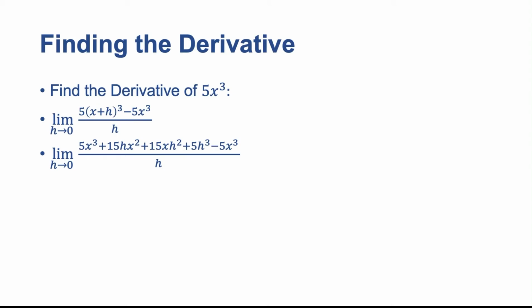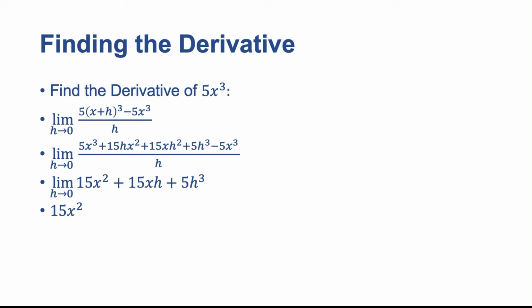Now we're going to combine all the like terms, and then divide by h. We're going to get the limit as h approaches 0 of 15x squared plus 15xh plus 5h cubed. Because h is going to 0, we can chop off the 5h cubed and the 15xh, and our limit will just come out as 15x squared.